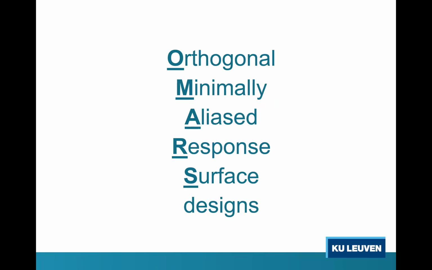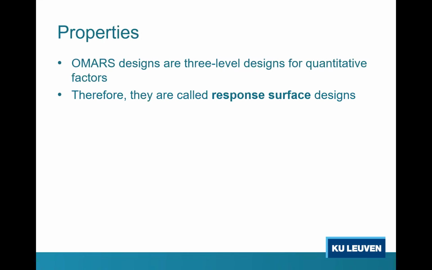That's quite a long thing to pronounce. OMARS is, of course, much shorter, perhaps easier to remember. We call the OMARS designs RS, response surface designs, because they have 3 levels for every input factor, so that we can quantify main effects and interaction effects and quadratic effects, just like in a traditional response surface design.